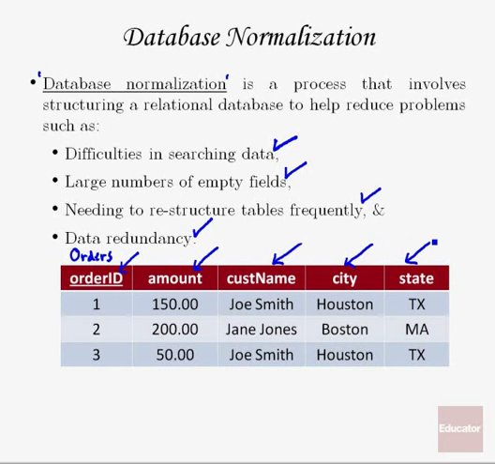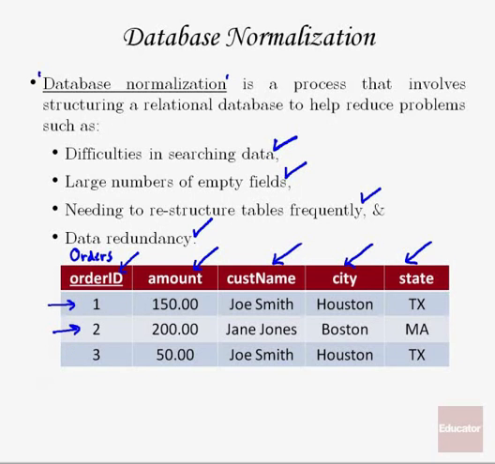One of the things about having people placing orders on our website is we might have the same customer place multiple orders. And that's something we would want. So for example, let's say our first order was placed by Joe Smith from Houston, Texas for $150. Then Jane Jones comes along and she places an order for $200, and she's from Boston, Mass. Joe Smith comes back to our web store.